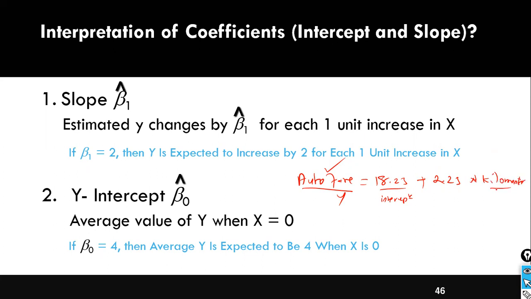Now tell me which one is the independent variable, which one is the dependent variable. Make it fast. So this is my linear regression equation: Y is equal to beta naught plus beta 1 into X. Now you tell me which one is independent, which one is dependent.